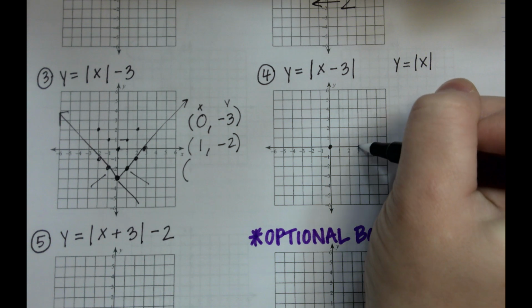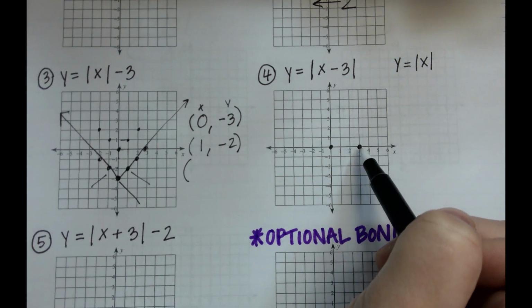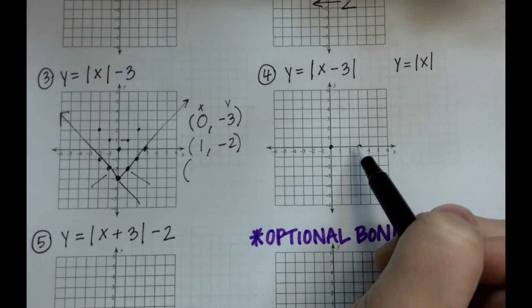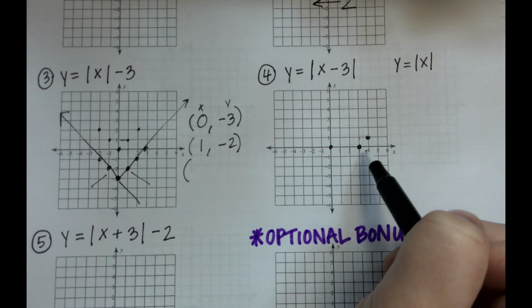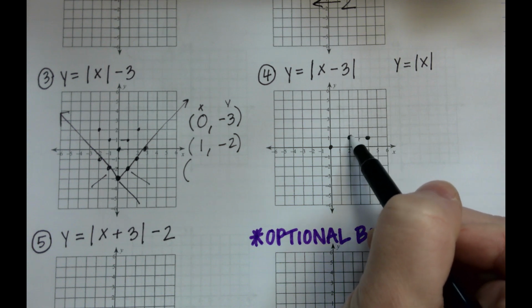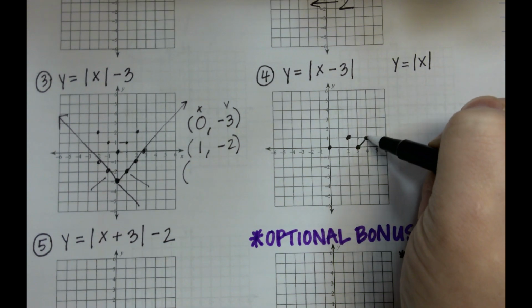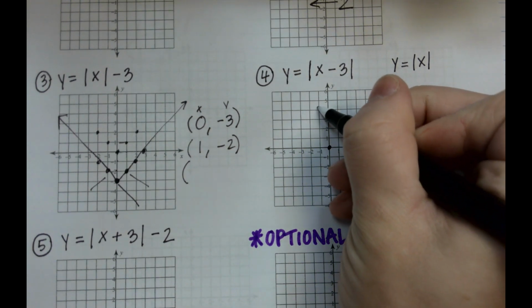If this is my lowest point and the middle of my V, where can I put my next 2 points? 2 and 4. Yes, so I'm going to do the same thing I did on the last 3 graphs. I'll go up 1 over 1, above 4, up 1 over 1, above 2. That's it. And then you just connect that up.